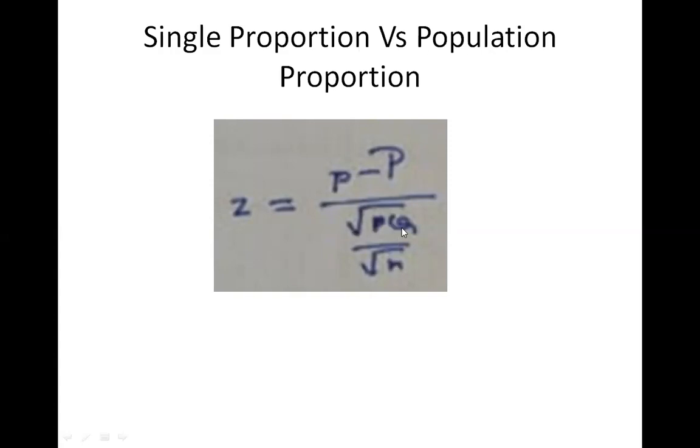The entity 1 minus proportion is denoted as Q in statistics. So in the denominator it is the square root of PQ. So this is the first scenario: we want to find out whether a single proportion of a sample is different from the population proportion.